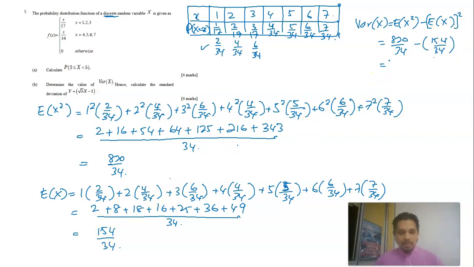For this one, use your calculator, then you should get 3.6, okay, 1041 divided by 289, or 3.6. So that is the variance. Okay, so now the standard deviation.